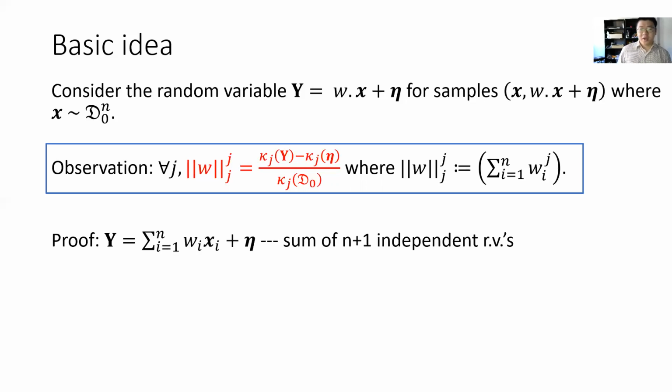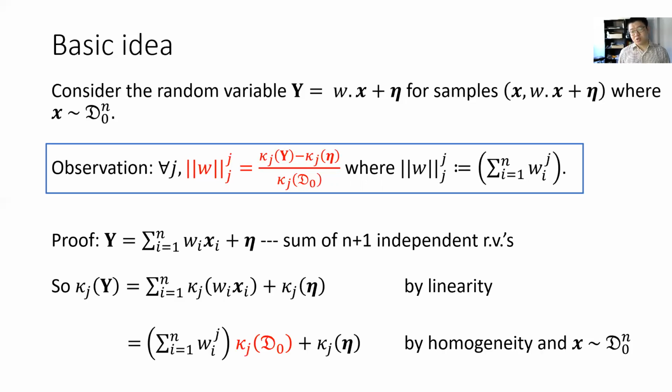So note that y is nothing but a summation of n plus 1 independent random variables. So using linearity, we know the jth cumulant of y is the summation of the cumulants separately. Then we use homogeneity to pull out the coefficient wi to the j. And because every entry in x is sampled from D naught, we get kappa j of D naught.